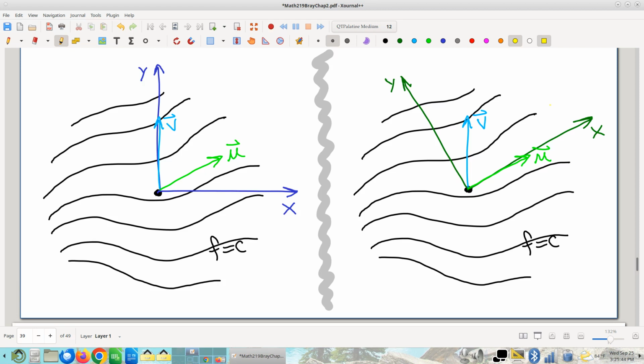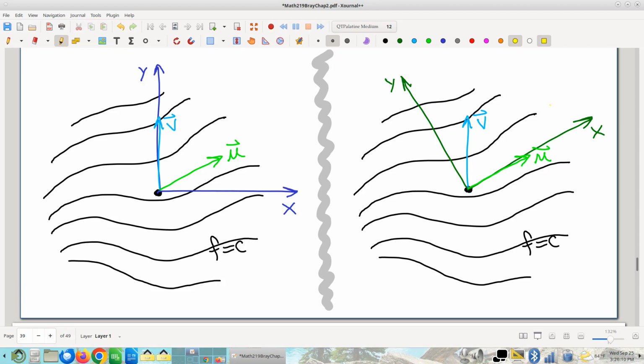And so v, what I've called v here, is a standard basis vector because it's a unit vector. I didn't write that down, but it's supposed to be a unit vector, and it's pointing in the direction of one of the coordinate axes. Right? And that's the rule. When you're talking about a partial derivative, it's got to be in the direction of a standard basis vector, and that's got to be in the direction of a coordinate axis.